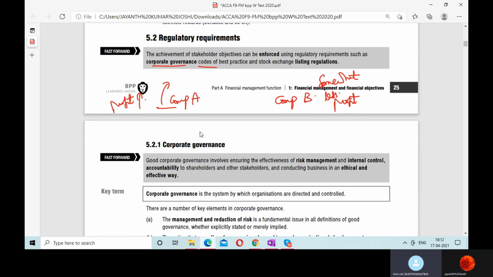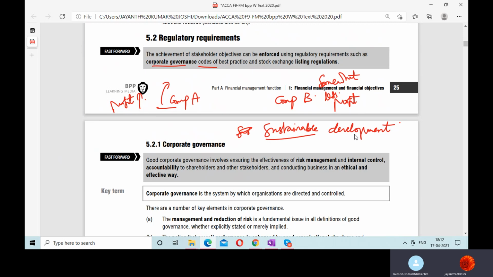As a shareholder, I should go for higher profits. But what is the trend in today's world? People want sustainable. The trend is changing, of course, because we Indians are exposed to Western culture. We understand what Americans think, their mindset and ideology.